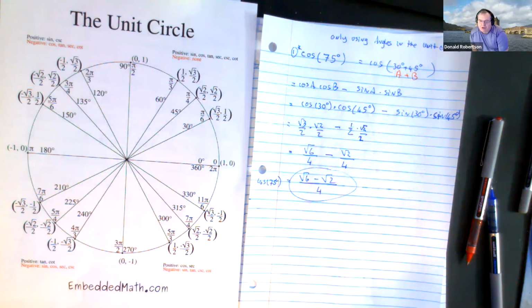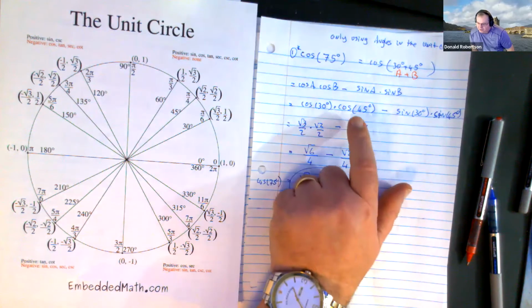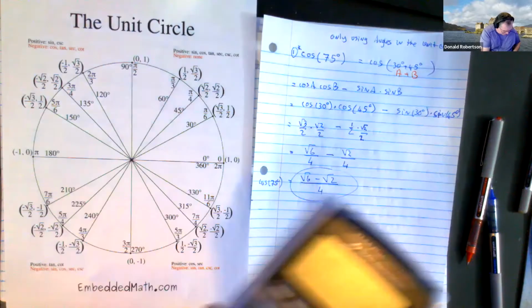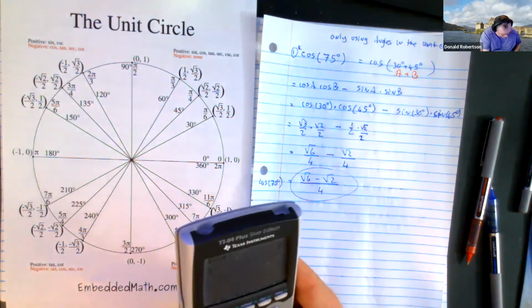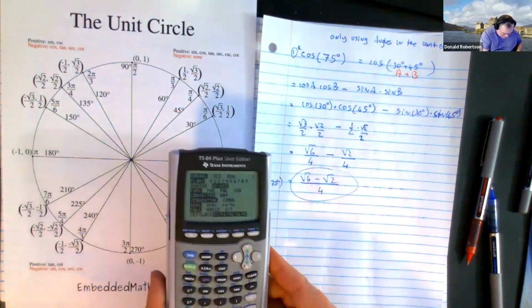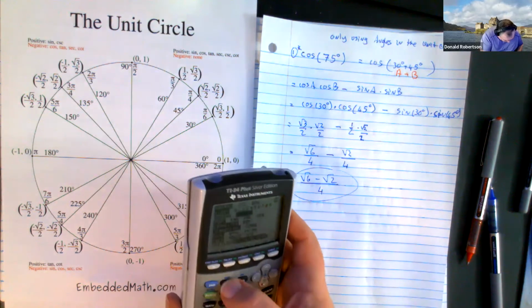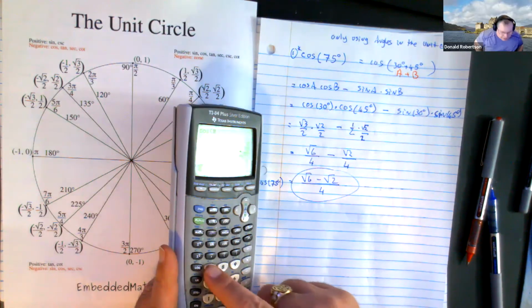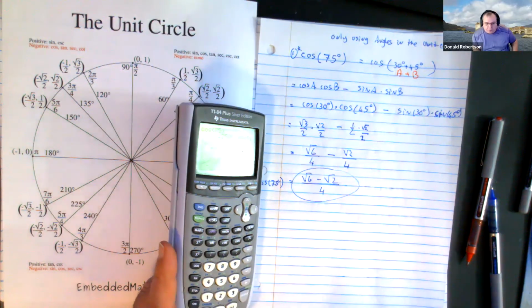Right, so whenever you get a question, find the exact value of, you know you're probably going to be doing something like this. I guess I should check it. So I'll make sure I'm in degrees, which I now am. I'm going to do the cosine of 75, and on my calculator I get that ugly decimal.